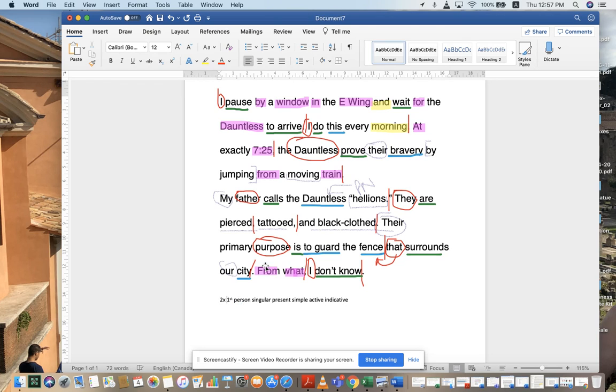Then we have I do. So I do, once again, is the same first person singular, present simple, active, indicative. Then the dauntless prove. So the dauntless will be third person plural. It is also present simple.